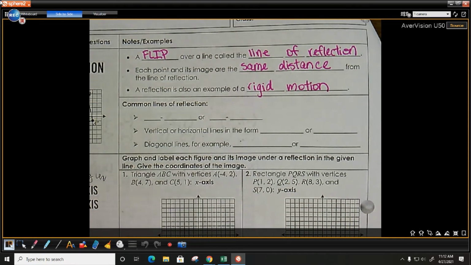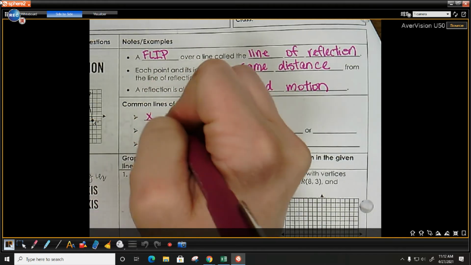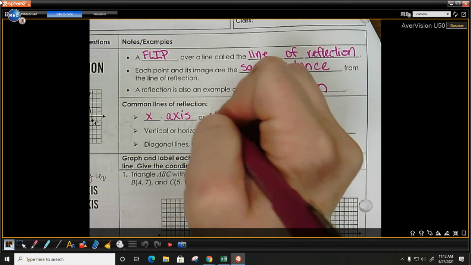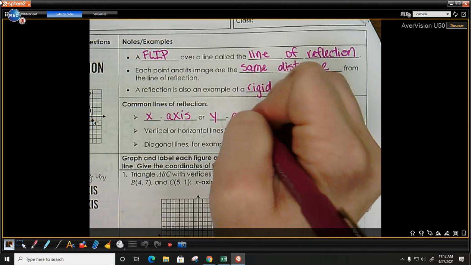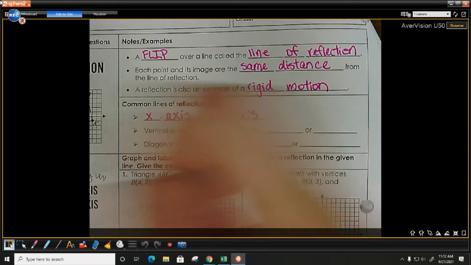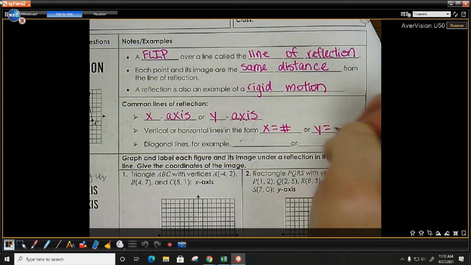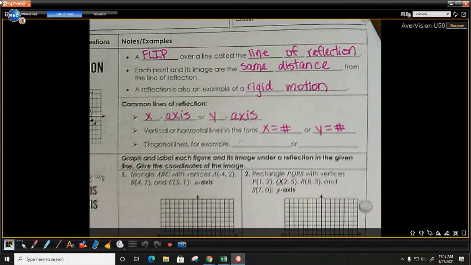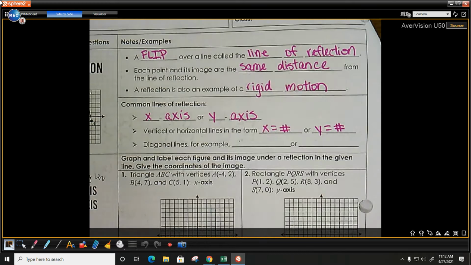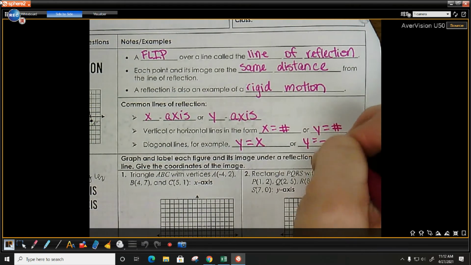Common lines of reflection that we're going to go over today is reflecting over the x-axis, reflecting over the y-axis. A vertical or horizontal line in the form of x equals a number or y equals a number. And then we're also going to do our diagonals, y equals x and y equals negative x.